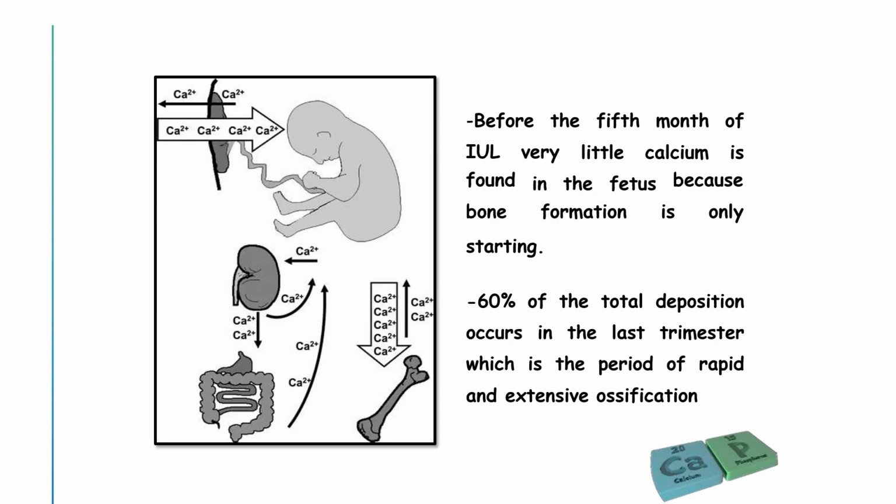Before the 5th month of intrauterine life, very little calcium is found in the fetus because bone formation is only at a starting stage. And 60% of total deposition occurs in the last trimester, that is the 7th, 8th and 9th months, the last 12 weeks, which is a period of rapid and extensive ossification.